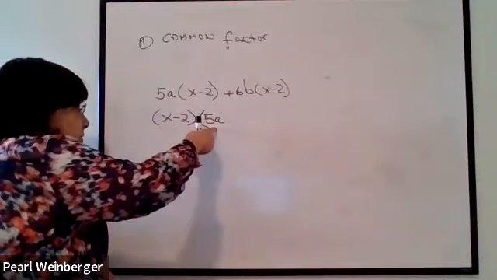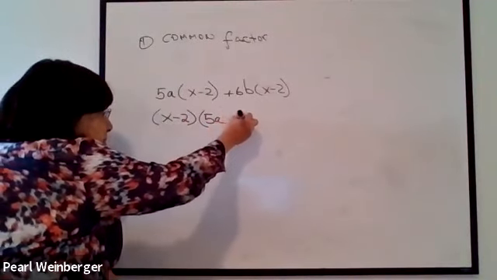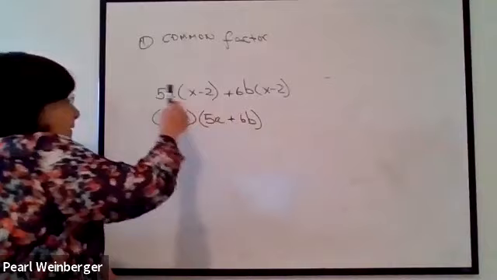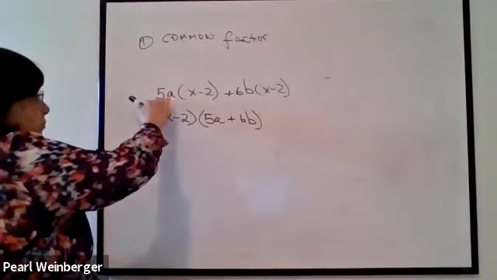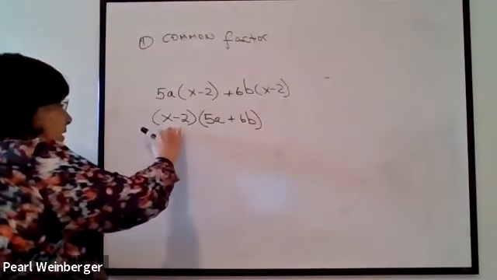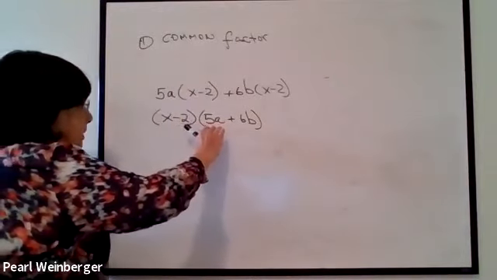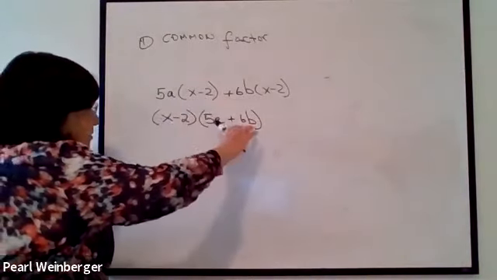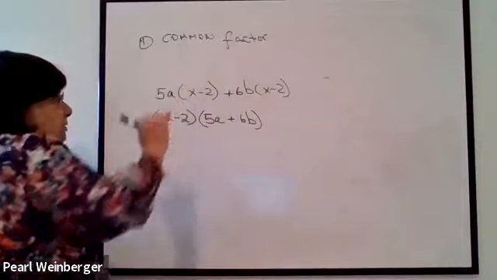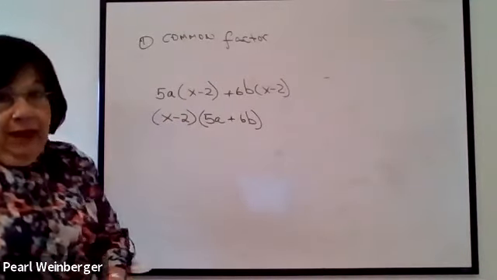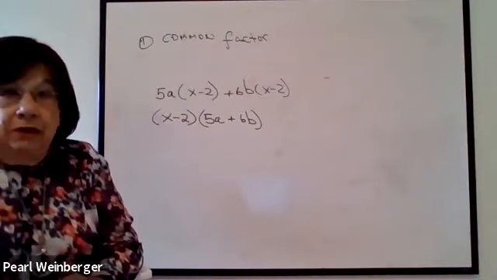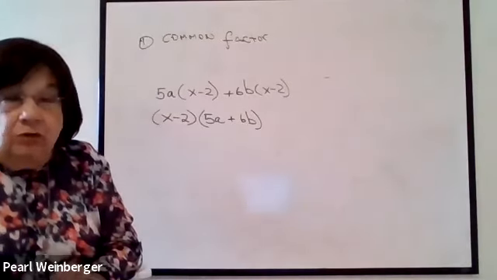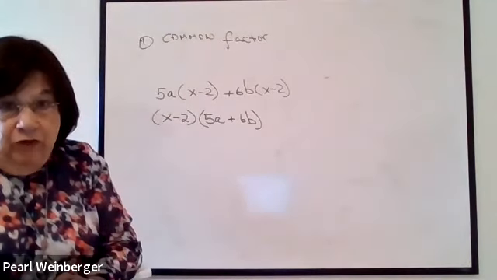The first is going to be the 5a, the second is going to be the 6b. This is saying that x minus 2 is being multiplied by both the 5a and the 6b, which is exactly what this says. This is a common factor as well, but it's not a common monomial factor, it's a common binomial factor.